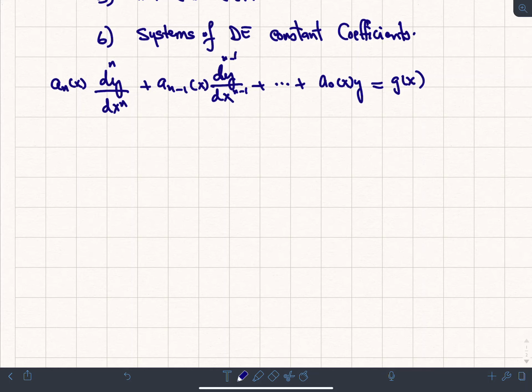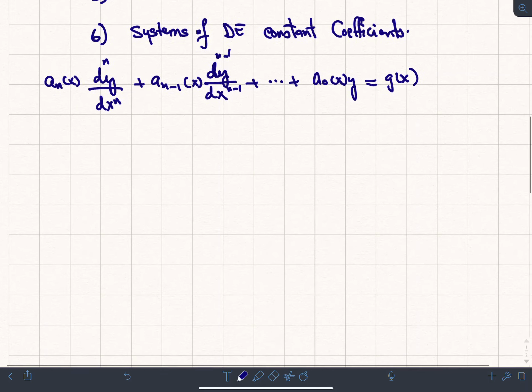So this was a general nth order differential equation with some initial conditions, y of x_0 equals y_0, and so on.